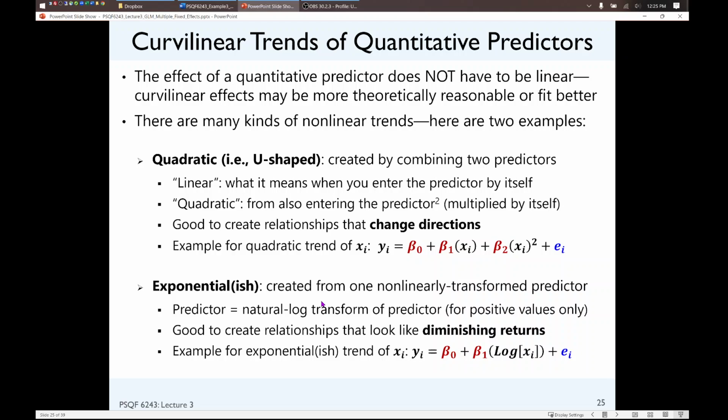Another curvilinear trend that you might be interested in is exponential, and I have ish here because I'm mimicking one. I'm not truly creating an exponential trend. And this can be done by log transforming your predictor and then fitting a linear slope of that log transform predictor. So it would look like this, where you would have done the log transformation in a prior data step. I don't have an example of that, but it should be fairly straightforward once you access the log transformation in your software of choice.